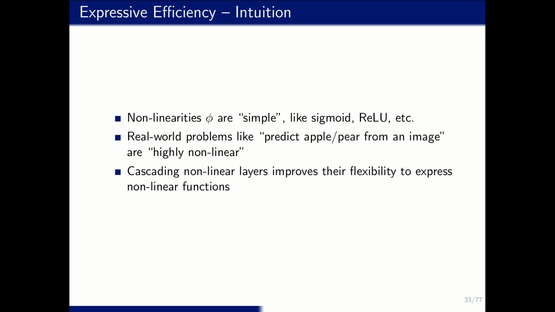And so you can imagine that if you want to represent this function with just a single layer with simple nonlinearities like the sigmoid or ReLU functions, then you will need a lot of these functions.